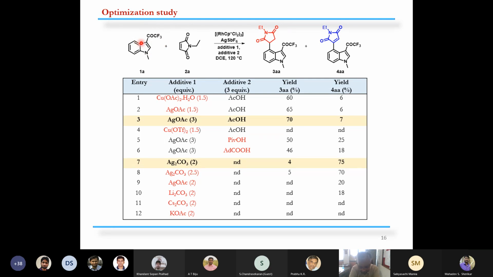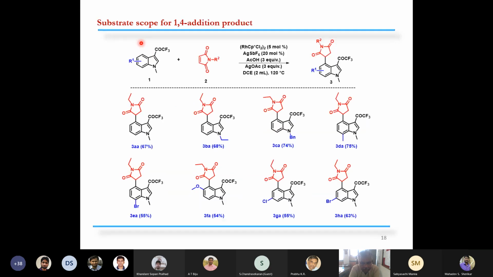Now, the first step in your reaction when you use a metal, how do you activate this C-H? What is the very first step involved in this reaction? How is this proton getting removed?